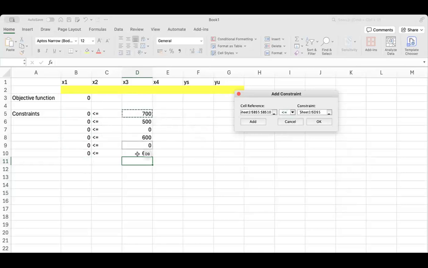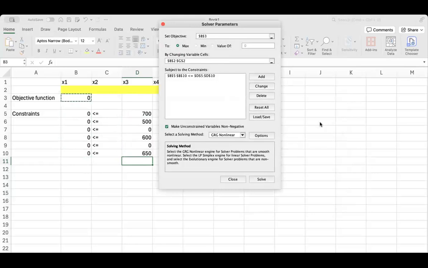And on the right-hand side, it's D5 to D10. So in my case, I combine all these 6 constraints into just one line.